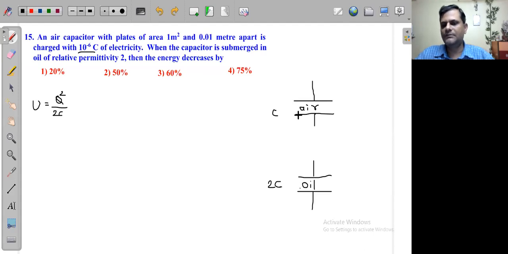Charge will never increase or decrease, and that's why charge will remain the constant.